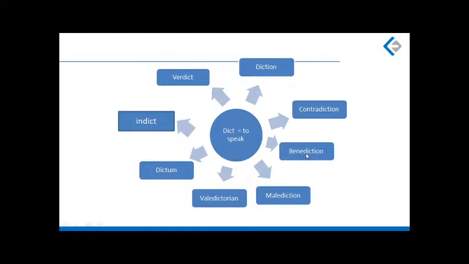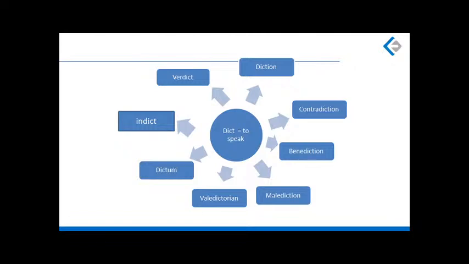The next root is DICT, dict, to speak, which gives us a microphone, also called a dictaphone. A microphone in which you can speak becomes a dictaphone. So dict gives me so many words. How do you speak?